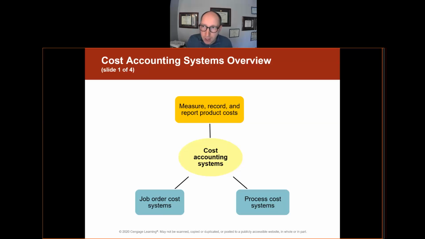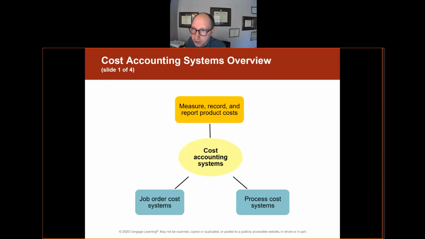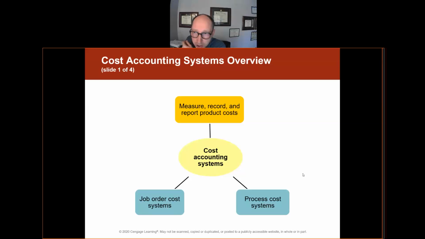That's a job. The other type is called a process cost system. When you hear process cost, think continuous. Process cost companies include things like an oil driller or an ice cream manufacturer.